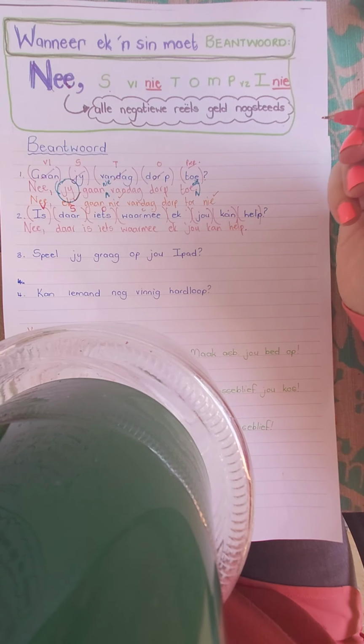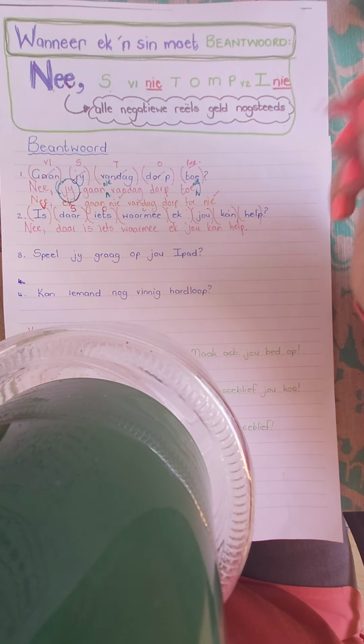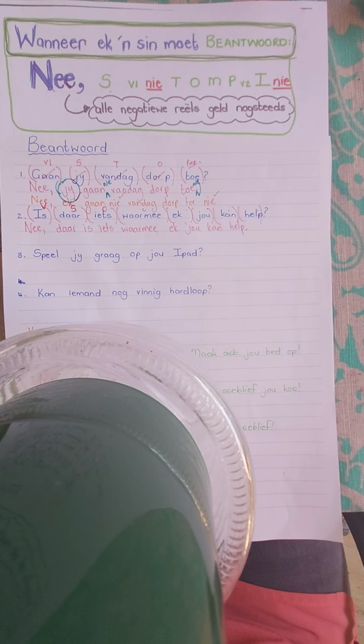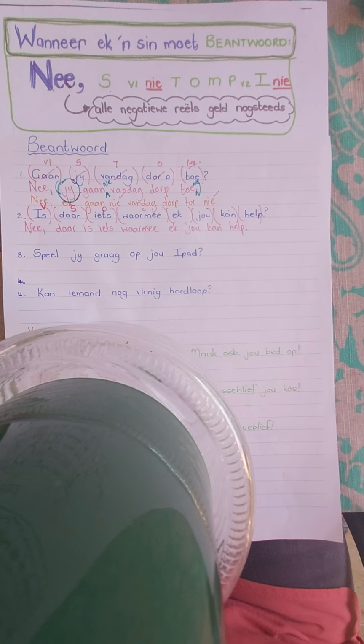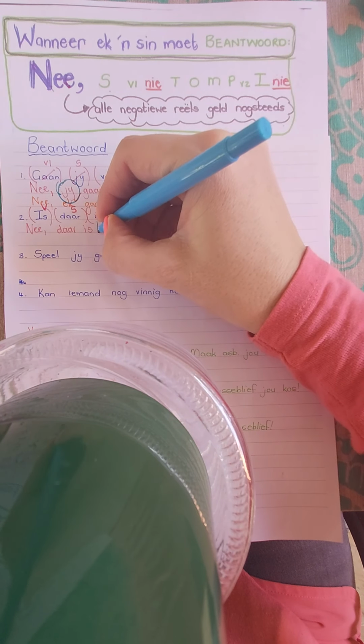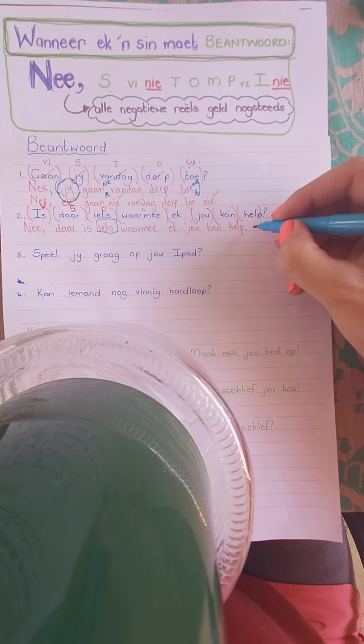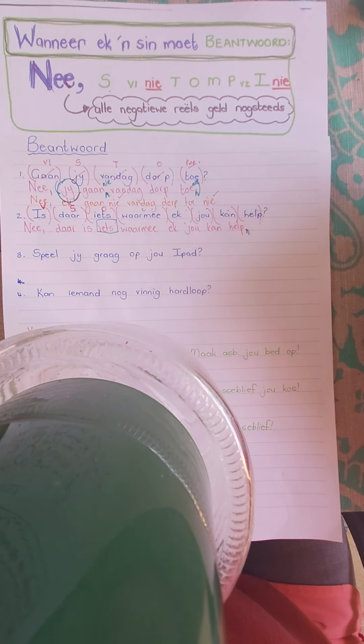Now that I've written it down in the right order, now I can make my changes. The following changes need to happen. I need to have 2 negatives in my sentence. Remember, iets is a changing word. So it is going to change to niks, and I need a nie at the end of the sentence.